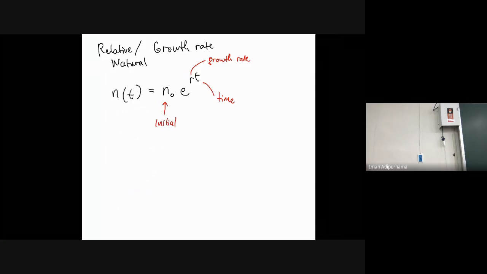So that's why it's really perfect for explaining how populations grow, okay? Because it can be multiplied. Okay? So that's the first case. The example is pretty similar from before. The difference is just the expression, and we are using the base of E, okay? The base of E. So why it's called relative or natural? Because with the base of E, practically we can predict how nature works, how nature's population works. Okay?